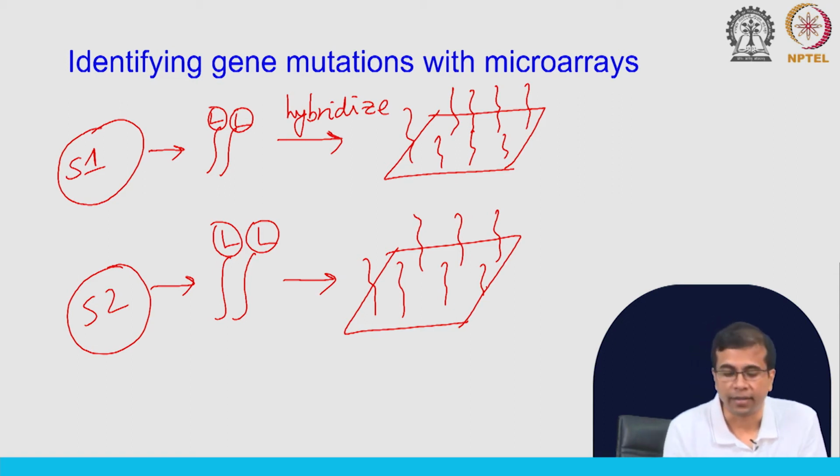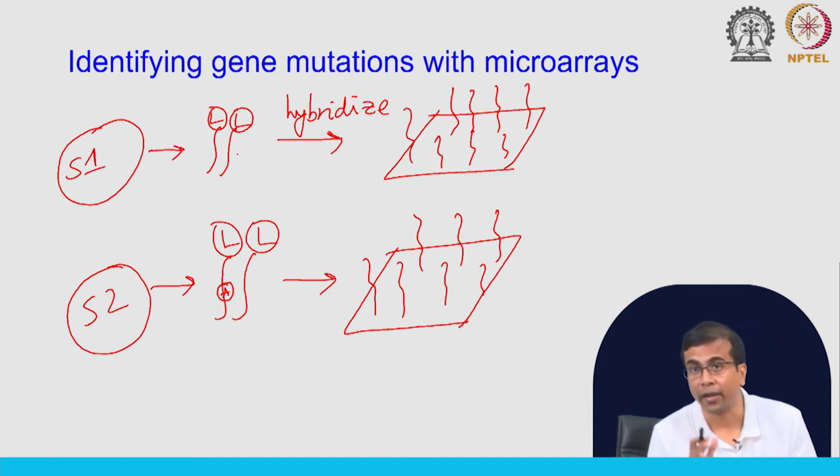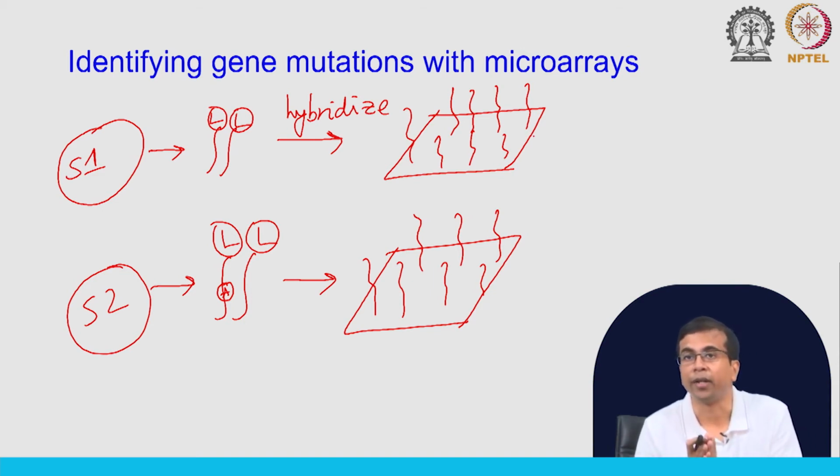Now, imagine this sample S2 has a mutation here. So, let us say there is a mutation in this position. Okay. So, what will happen is that since in sample 1 these DNA molecules are perfectly complementary to the DNA probes on the array, there will be strong hybridization, because there is perfect complementarity. So, this will give very strong signal.